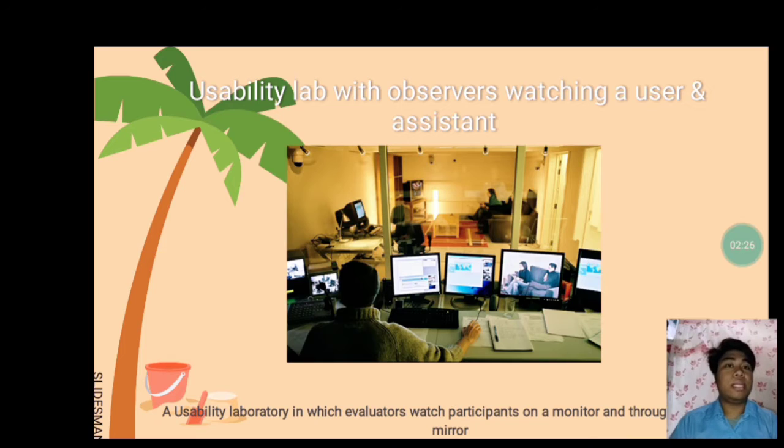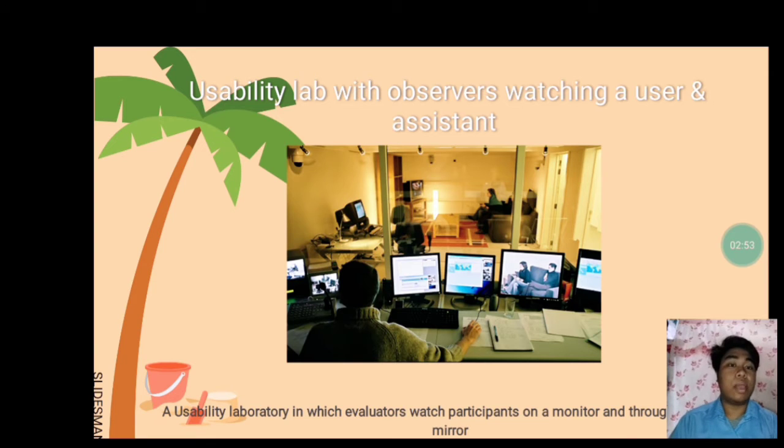Next, a usability lab with observers watching a user and assistant. A usability laboratory in which evaluators watch participants on a monitor and through a one-way mirror. Typically, there are two wall-mounted video cameras that record the user's behavior, such as hand movements, facial expressions, and general body language.